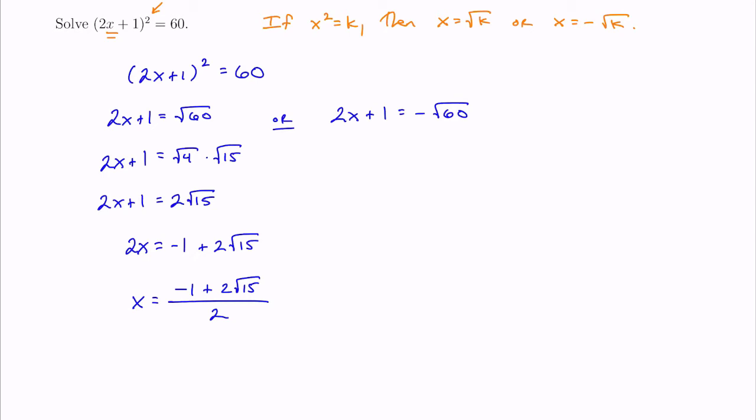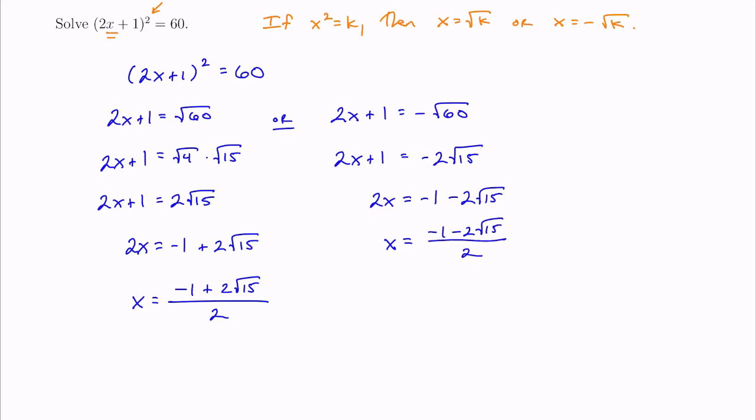So my first step can make use of all the work we have done previously and simply change 2x + 1 equals negative root 60 into 2x + 1 equals negative 2 root 15. To finish solving this equation, there are the same two steps. I will first subtract 1 from both sides, obtaining 2x equals negative 1 minus 2 root 15. And then dividing both sides of the equation by 2, I will obtain x equals negative 1 minus 2 root 15 all over 2.